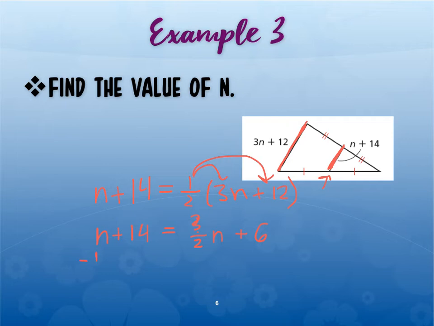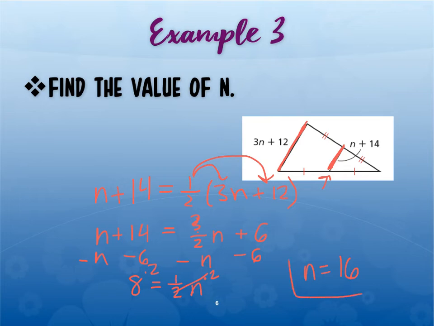Now we can subtract n from both sides and subtract 6 from both sides. So we get 8 is equal to 1/2 n. And what do we get for n? 4. We have to multiply both these sides by 2 to get rid of the 1/2. So n is equal to 16.